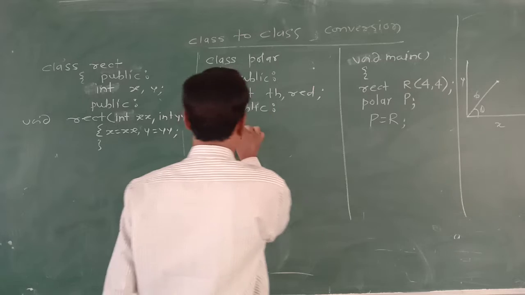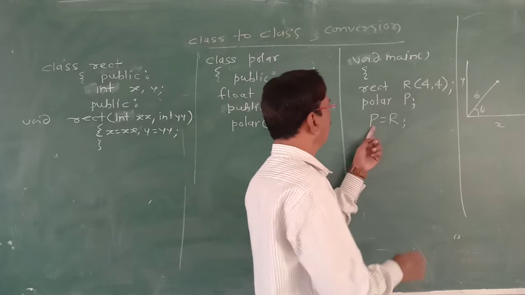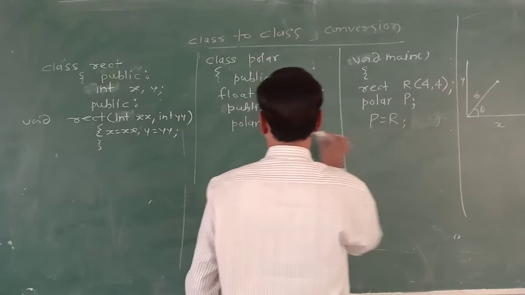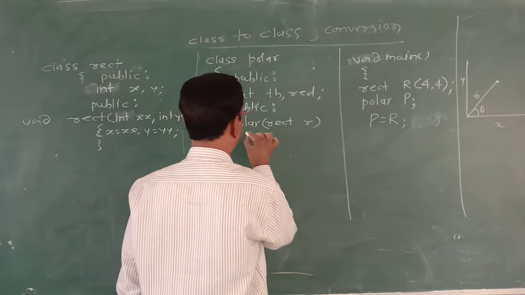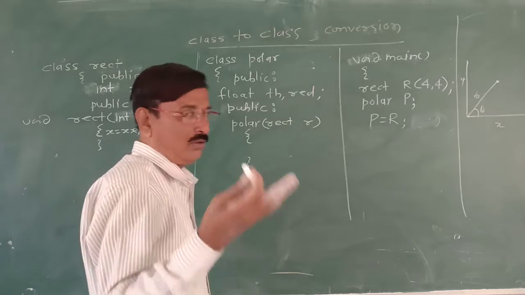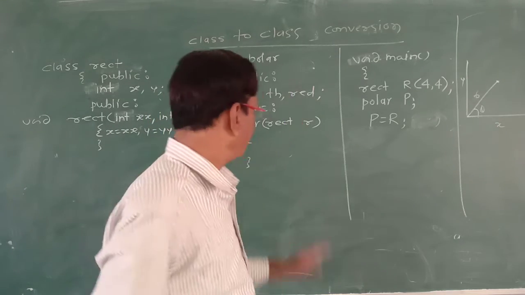Now the constructor will be there, polar. But what about polar? The expression will be like this: polar P in brackets, rect small r. No return type. Constructor never returns.